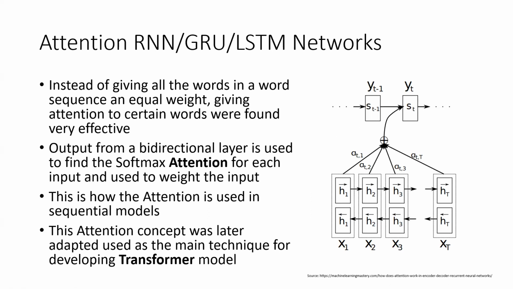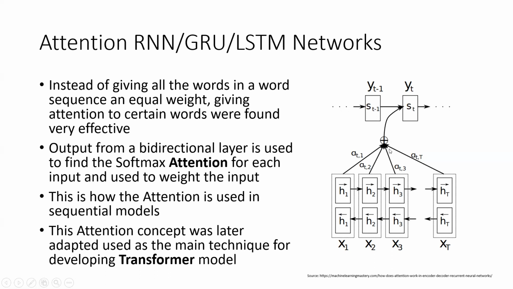People were researching how we can improve this attention model, and what they found was that they can use the attention model only, without using sequence models like RNNs, which are difficult to train and to keep the context in memory.